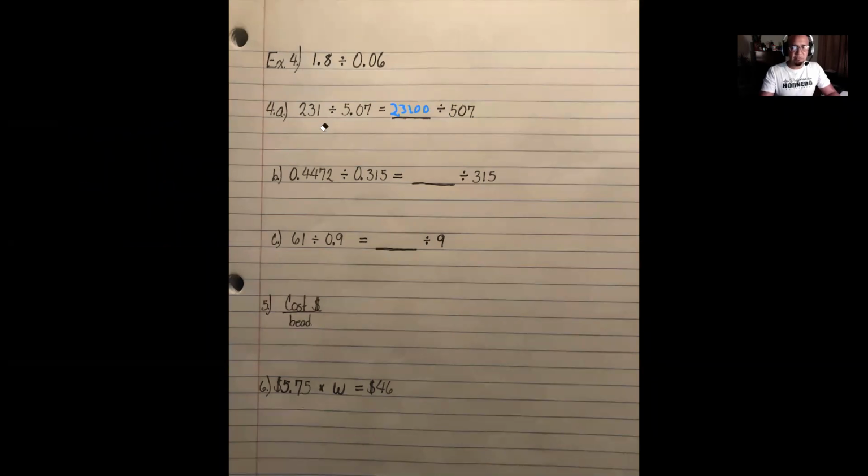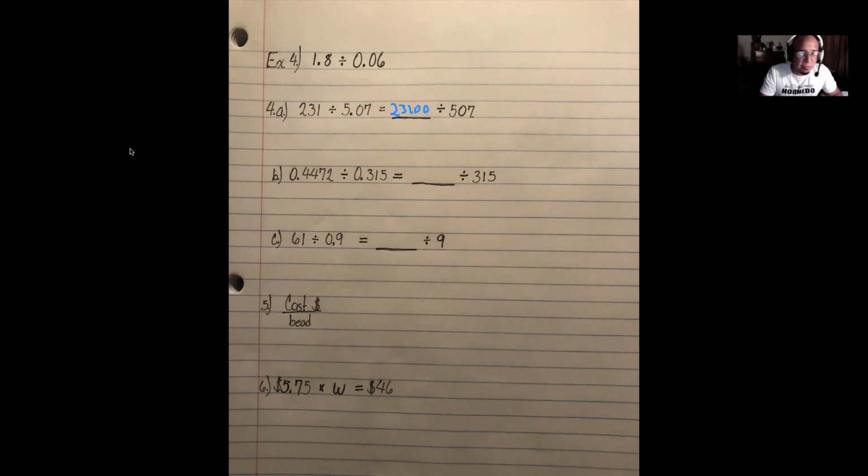Let's try it out. Let's try 4B. So 4B, let's use a different color just to keep things interesting. 0 and 4,472 ten-thousandths divided by 315 thousandths is the same thing as what divided by 315.